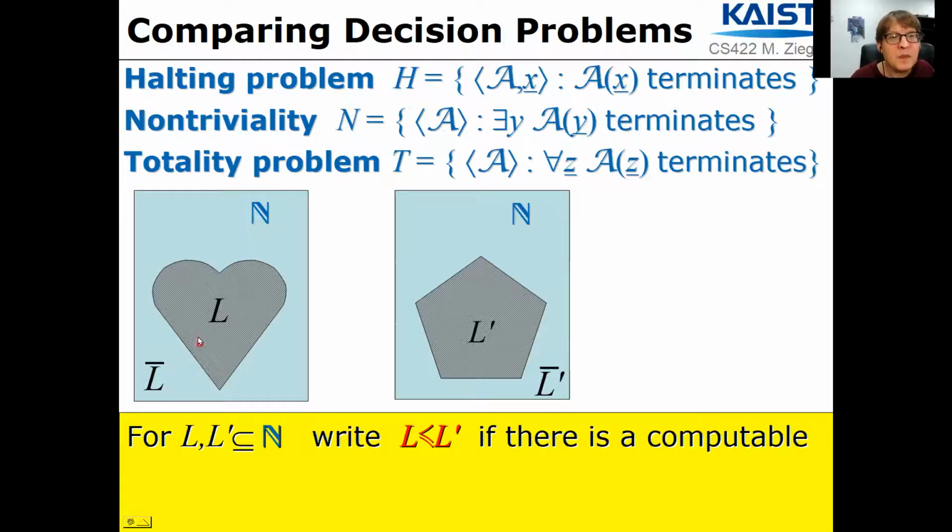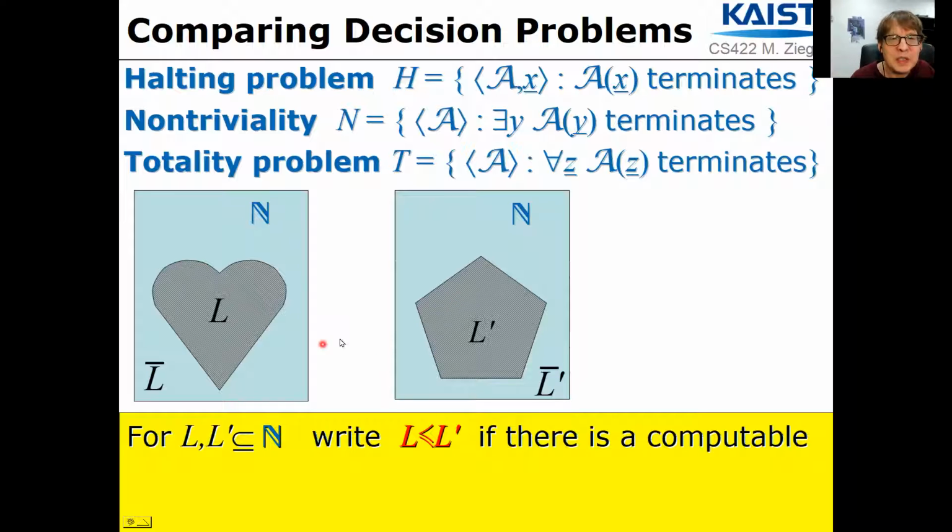Here's L, here's L prime. These are both sets of natural numbers. The big blue rectangles indicate the set of natural numbers. Outside of this set L, there's the complement of L. And outside of the set L prime, there's the complement of L prime.